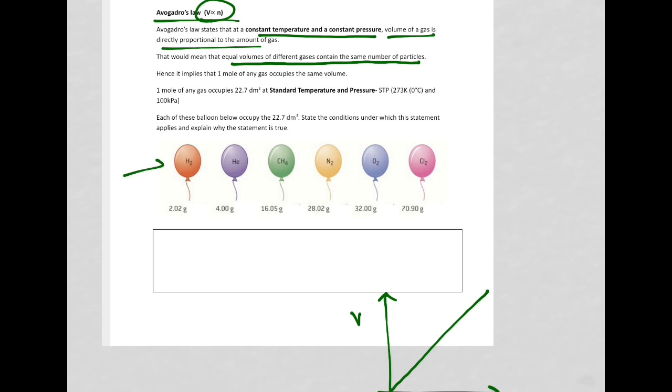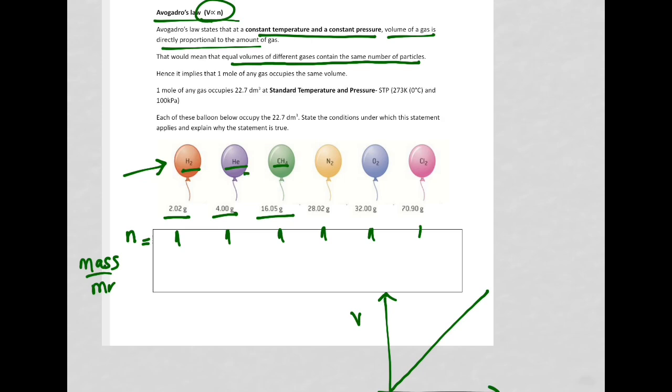If you look at this example, you have 2.02 grams, 4 grams, 16.05 grams of different gases. But if you find the number of moles of each using mass over Mr, you're going to find that each consists of 1 mole of gas.